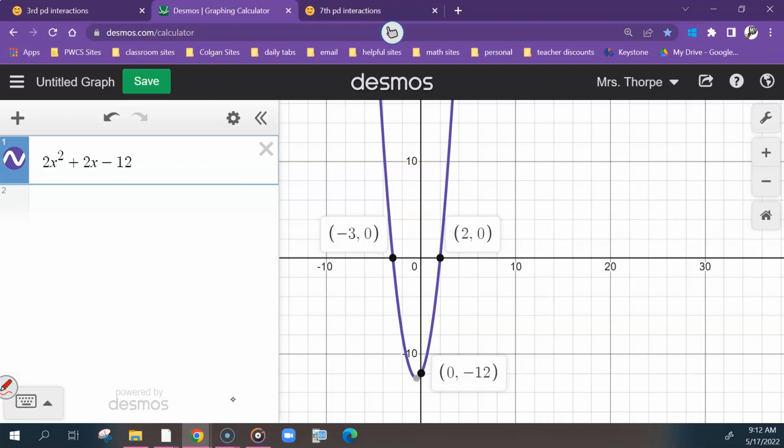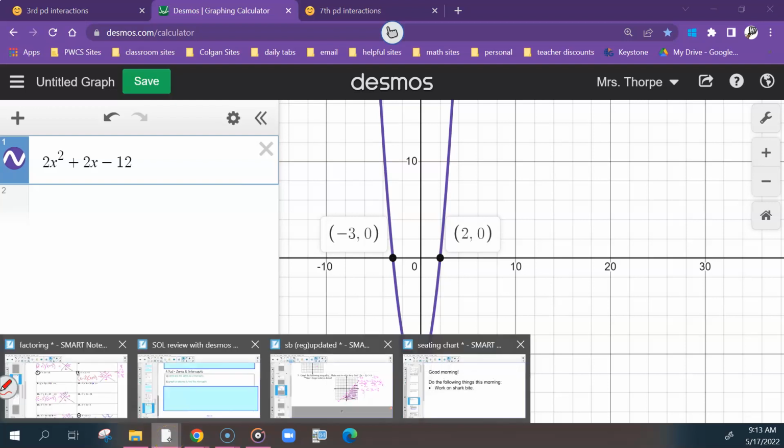Now be careful when you are given a quadratic because it'll give you 2 points down here. One is your vertex, your lowest point or your highest point, and the other one would be your y-intercept. So make sure one of your ordered pairs has a 0 in it. You would just write -3, 0, 2, 0, 0, -12.